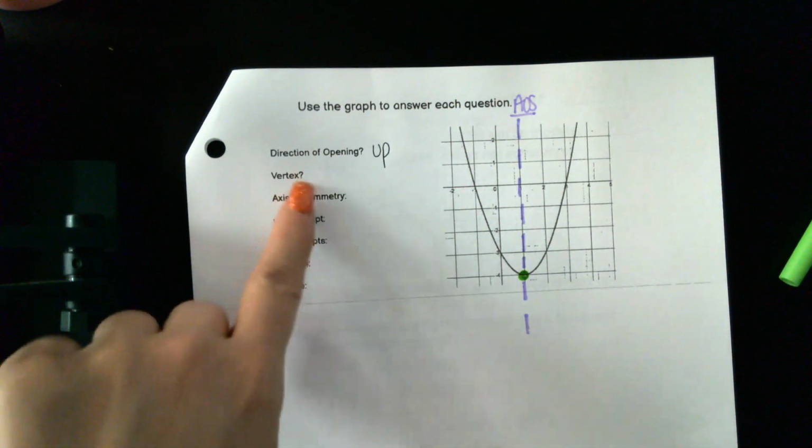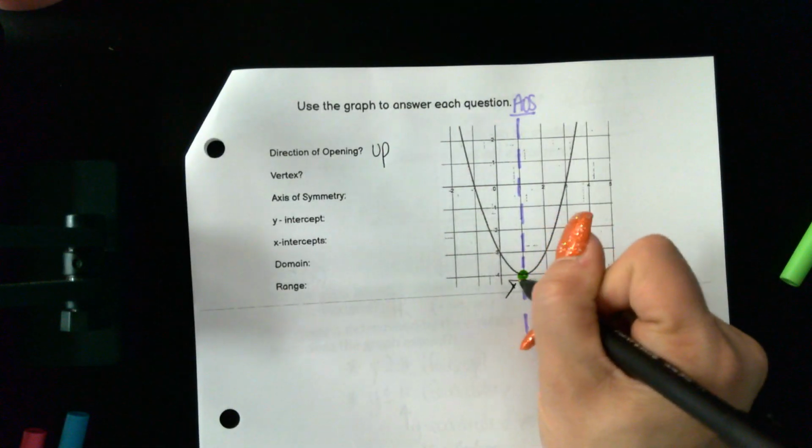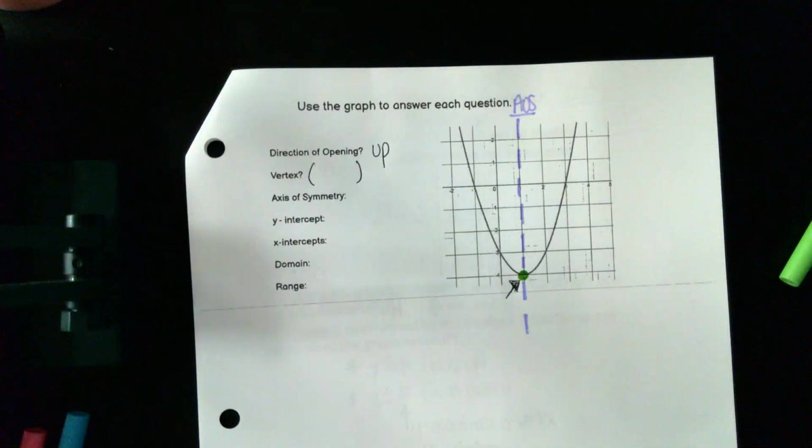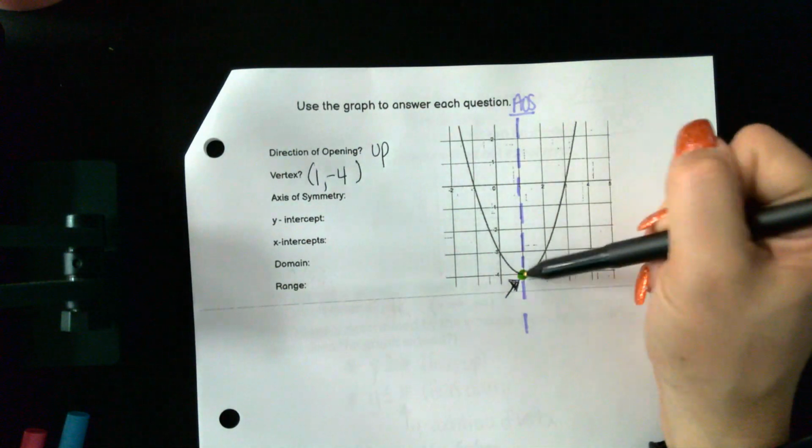So we need the vertex, so the ordered pair of that bottom point. One, -4. Yep, so 1, -4.